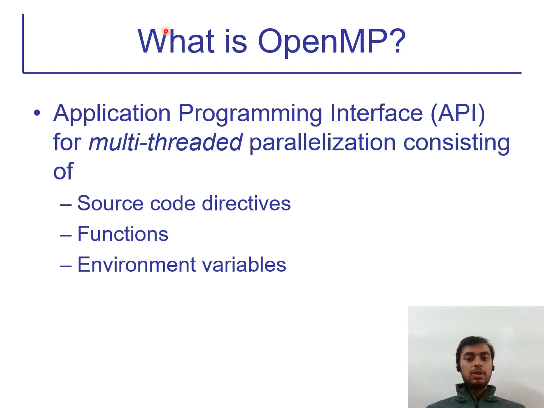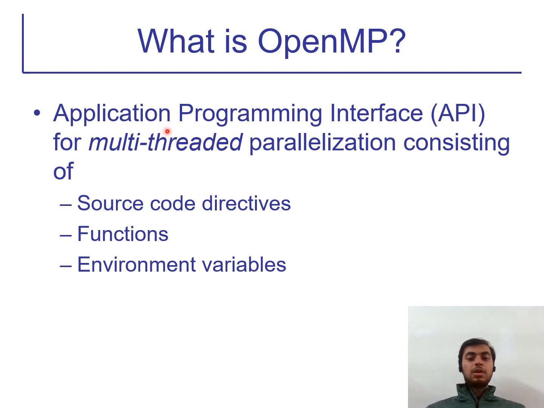Now we should understand what OpenMP is. We have understood why there is a need for OpenMP: to make tasks work on different processors, that is, we have to run the programs in parallel.